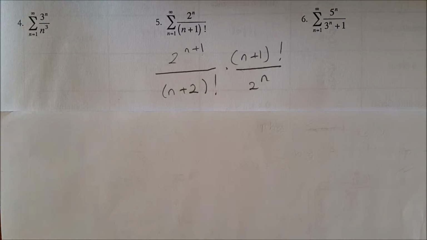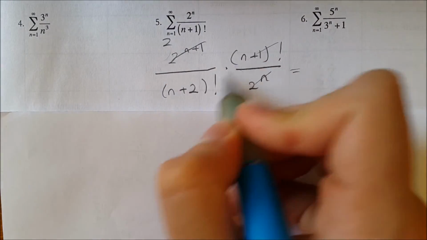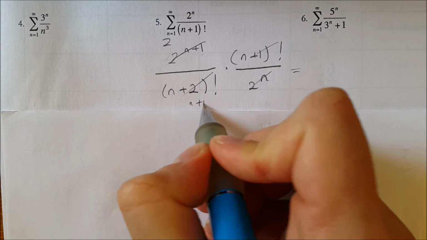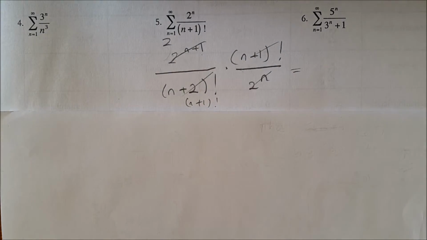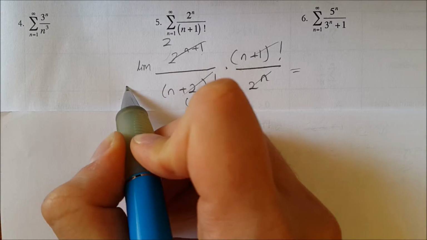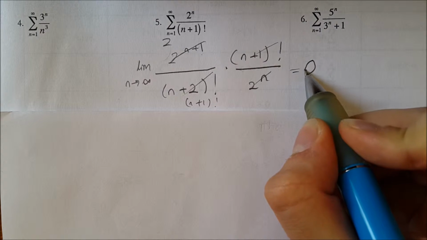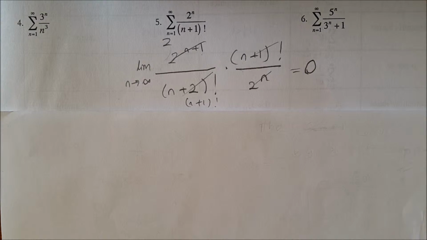So we will get a 2 here and then an n plus 1 factorial at the end. Then as the limit of n approaches infinity, we get this limit to be 0.